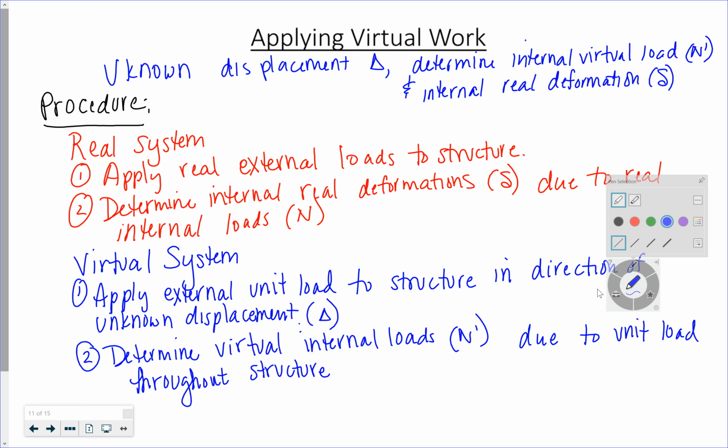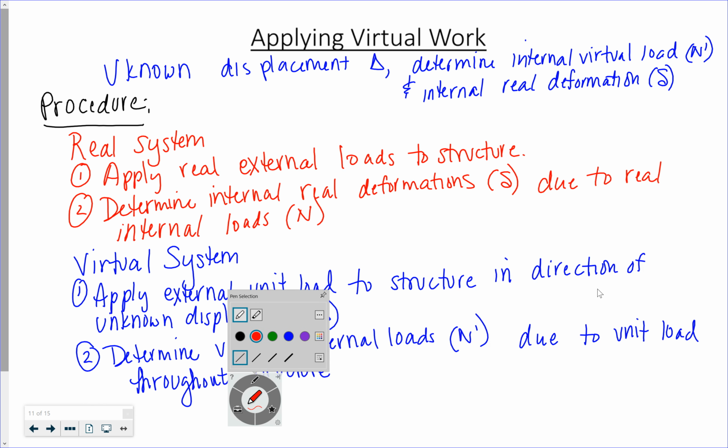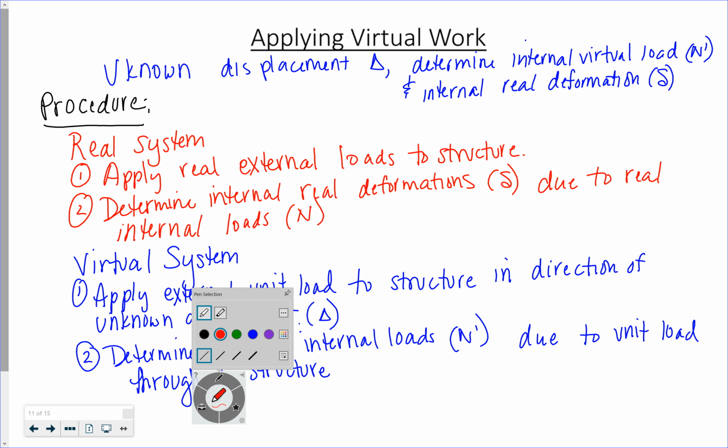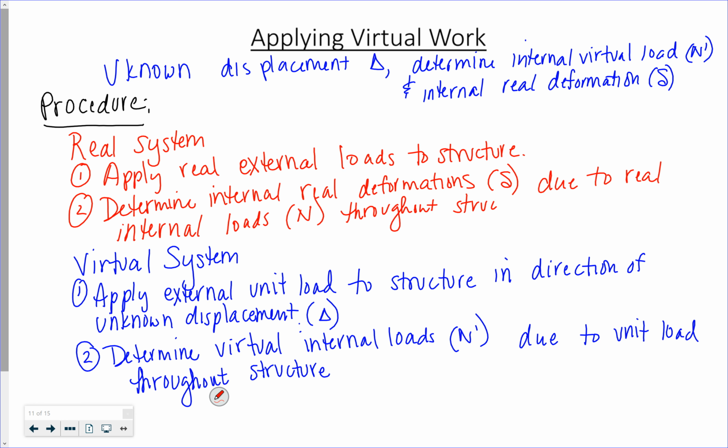Similarly, determine the internal real deformations due to the real internal loads and do it throughout the structure. Right, you do it for every member within the structure.